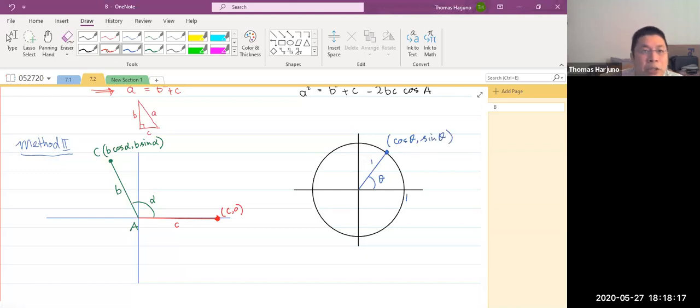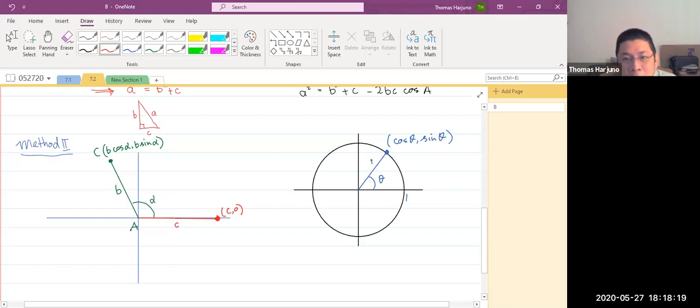Now, imagine if I change the radius from 1 to b. So I basically extend it by b. Okay? Now, that's what happened here.